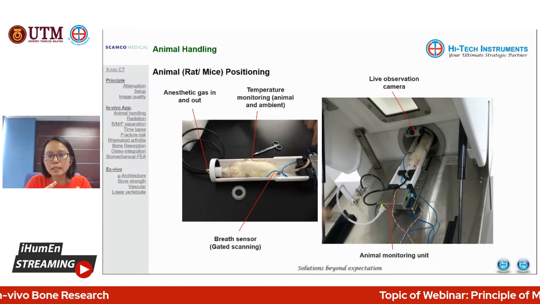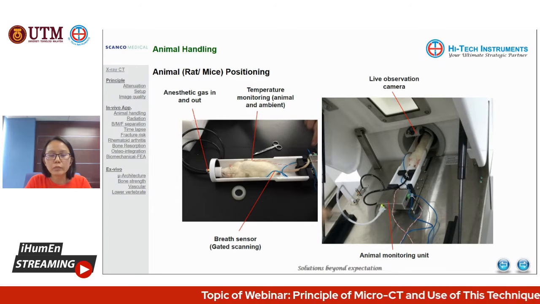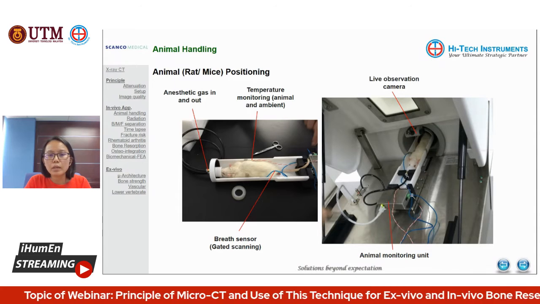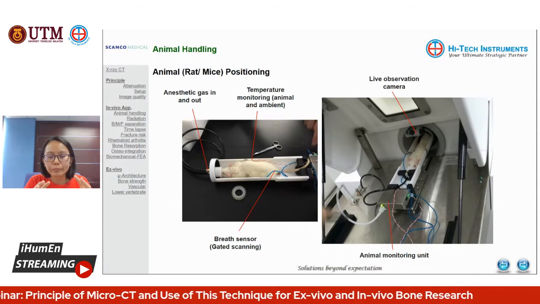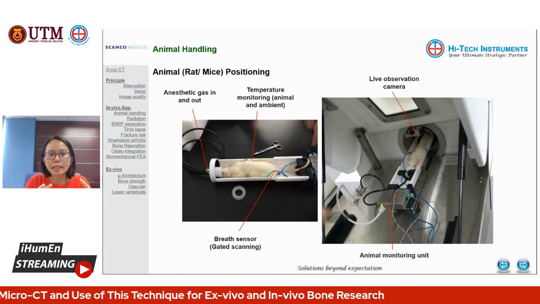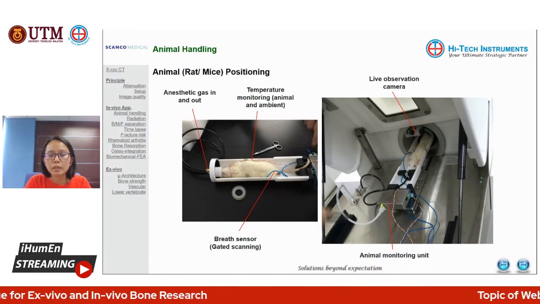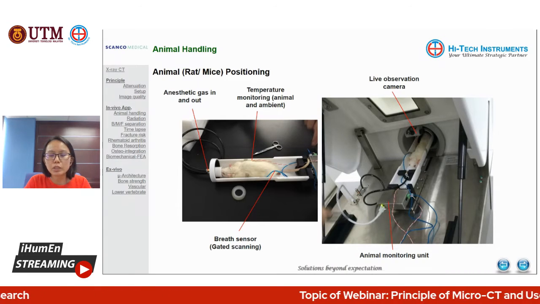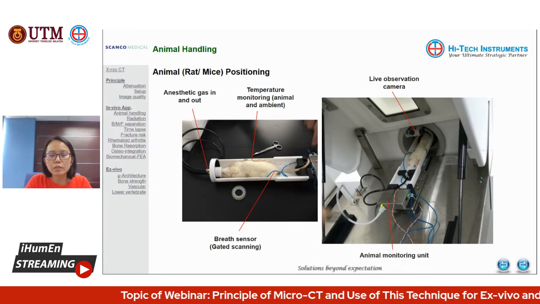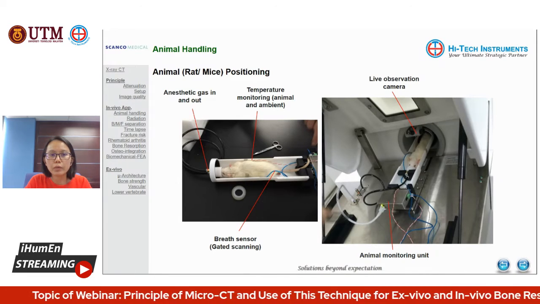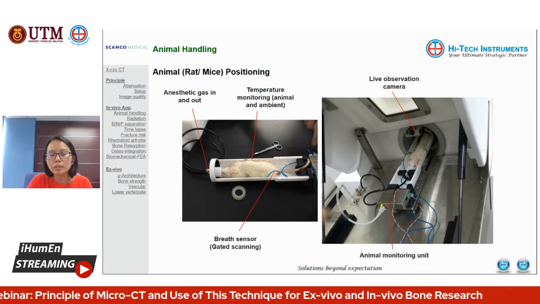Of course, this has to be optimized from animal to animal, and you have to try to keep a range of the animal weight with this amount of anesthetic percentage. So the bigger animal, definitely you will need to increase the concentration or the amount of your anesthetic agent itself.